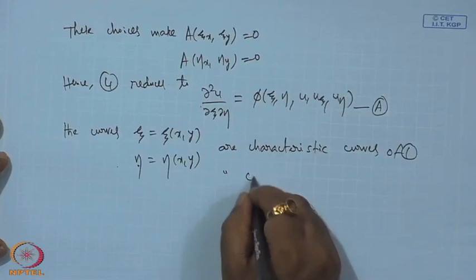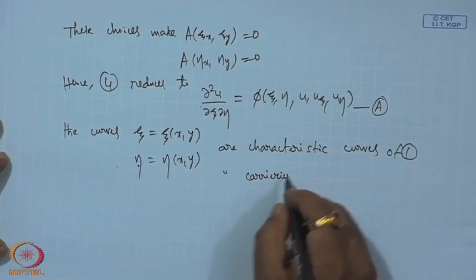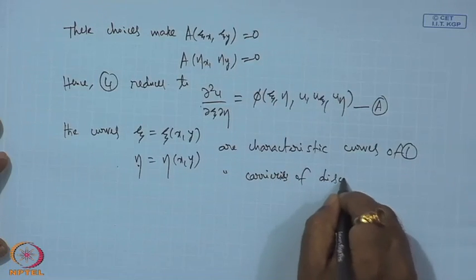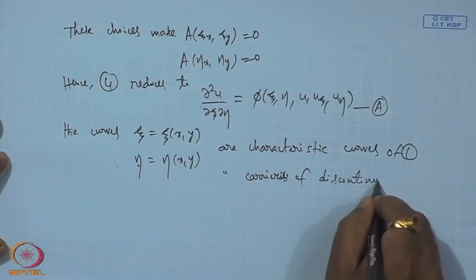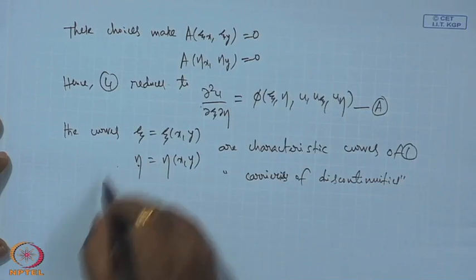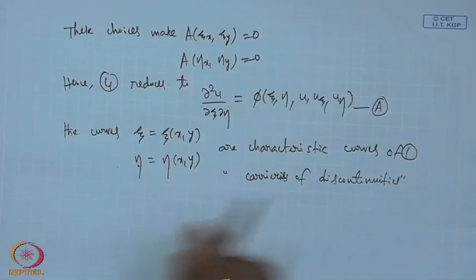These are nothing but carriers of discontinuities, because along these the coefficient is 0. That is how we have determined them, and so these are called characteristic curves.